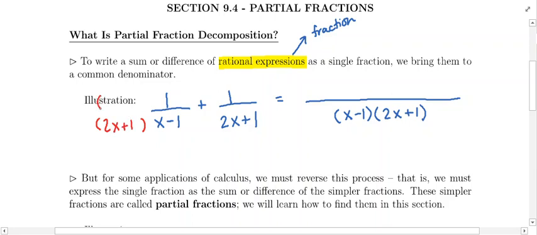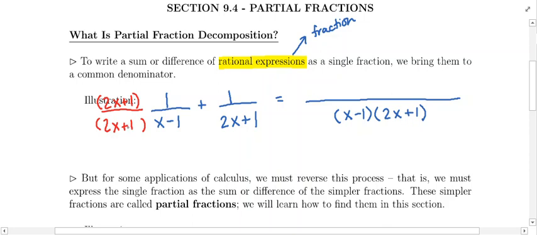But if we do that to the bottom, we also have to do it to the top. If you are multiplying 1 over x minus 1 by 2x plus 1 over 2x plus 1, you're really multiplying it by 1, because any quantity divided by itself is 1. So you're not changing the original term.